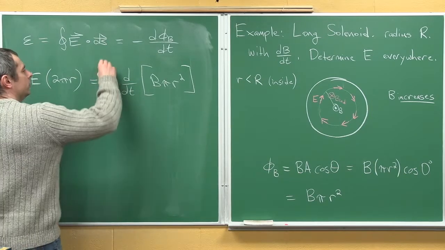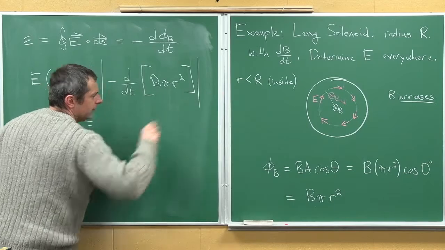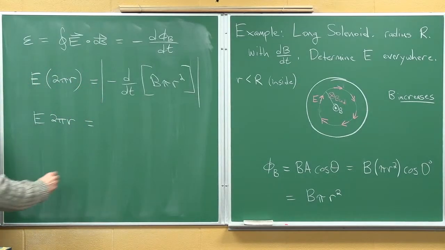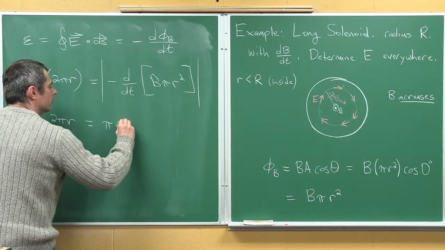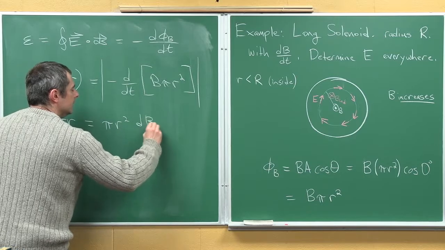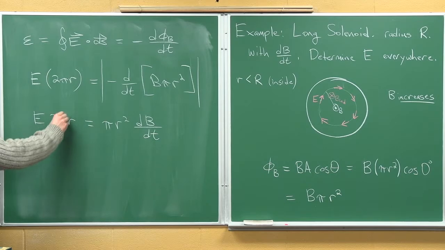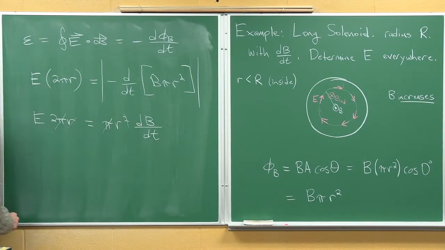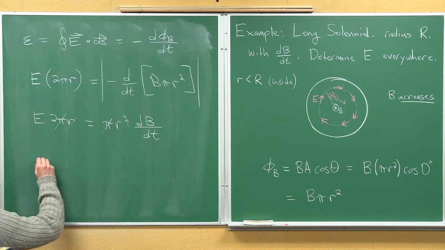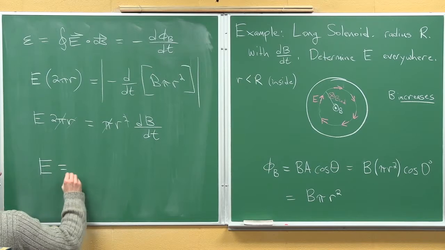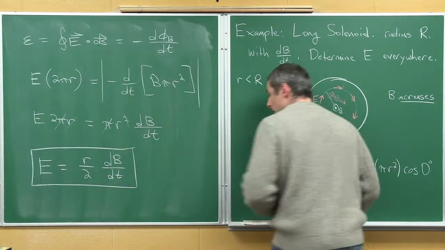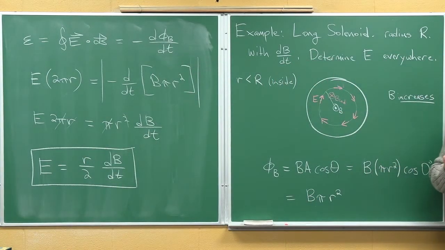And maybe what I'll do is I'll ignore the minus sign because I already figured out the direction of the electric field. And so I have pi r squared dB/dt. The pi's go away. One of the radii goes away. And I can divide both sides by 2, and I get the expression for the electric field inside the solenoid. All right, let me create a pause to give you a chance to copy those notes down.